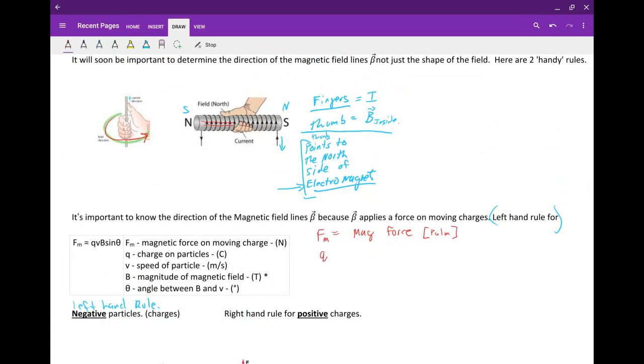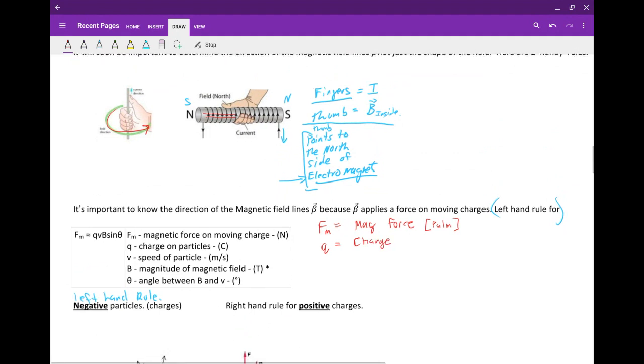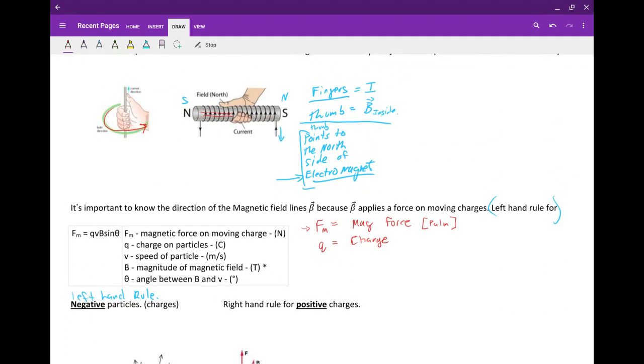And then Q would be the charge that's moving inside a magnetic field. F is the force that the charge experiences. V is the velocity of the charge.